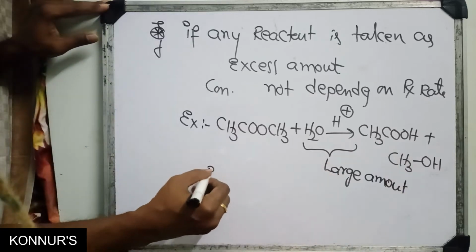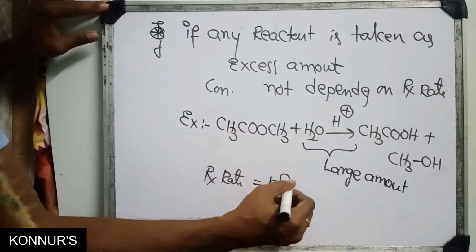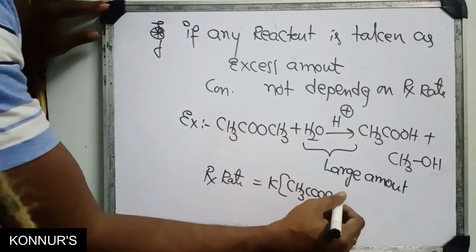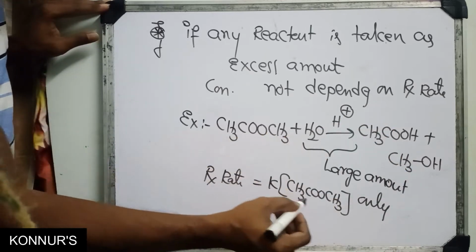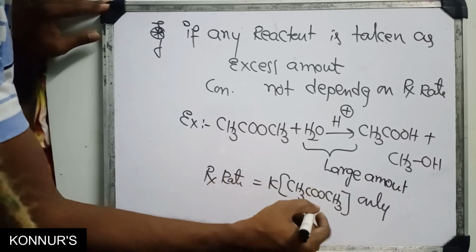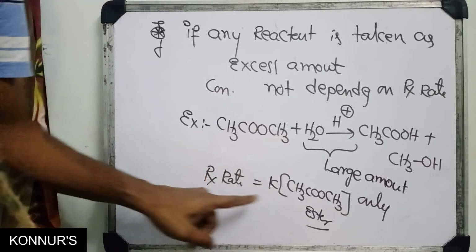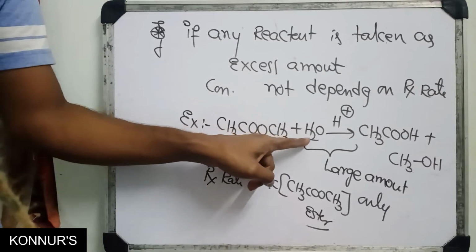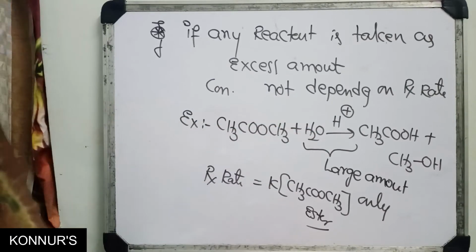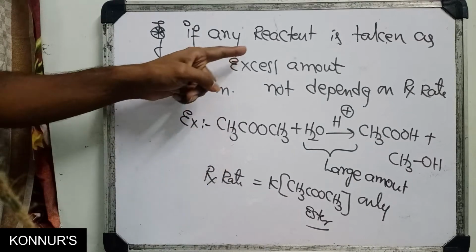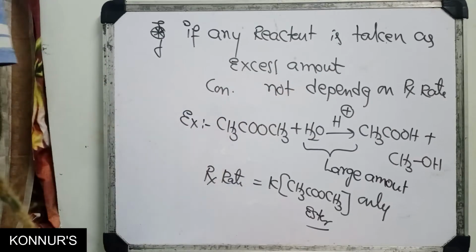That's why, if you observe the reaction rate, it is K into CH3COOCH3 only. See, there are two reactants, but only the ester affects the reaction rate. If you change the ester, the reaction rate changes. If you take a little or a large amount of water, the reaction rate does not depend on it. So that's why this is the best example: the reaction rate does not depend on the excess amount of reactant.